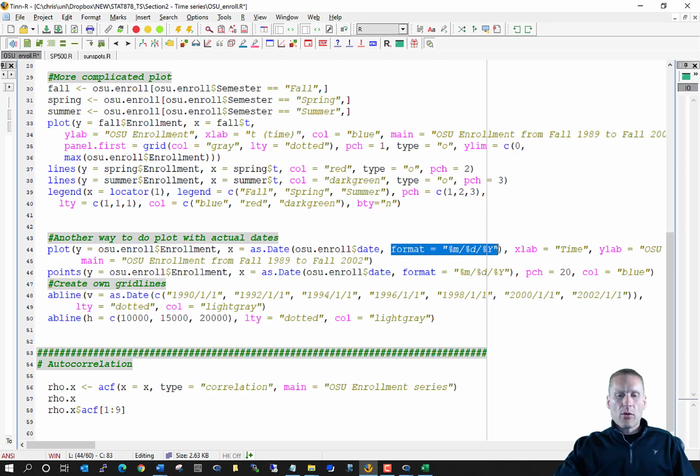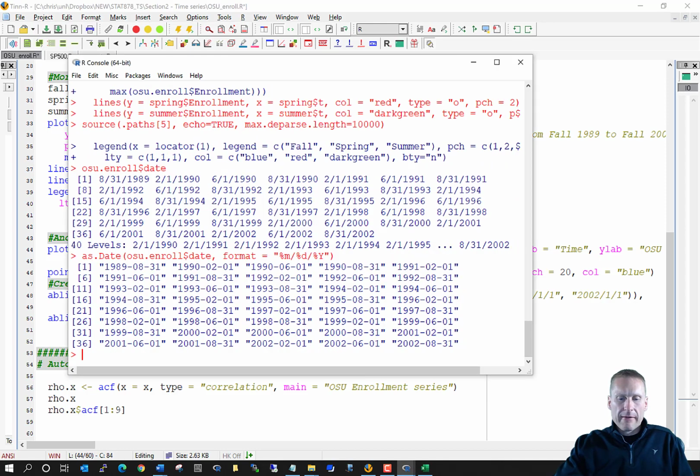And if you look at the corresponding help for the function as.Date, you're going to see a variety of different date formats. And so I just had to use the corresponding syntax for the date format that is in my data frame. So if I just execute as.Date, you can see how the data was converted a little bit to a different format.